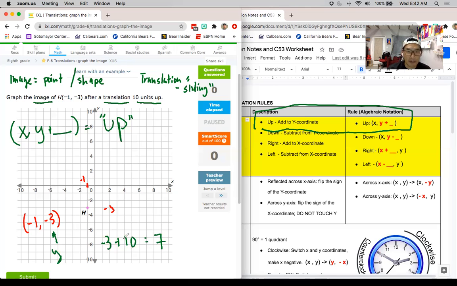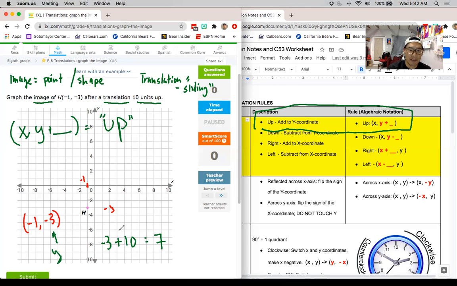And again, the easiest when you're adding or subtracting positive and negative numbers, what I do is, when the signs are different, I subtract and I take the sign of the biggest number, okay?